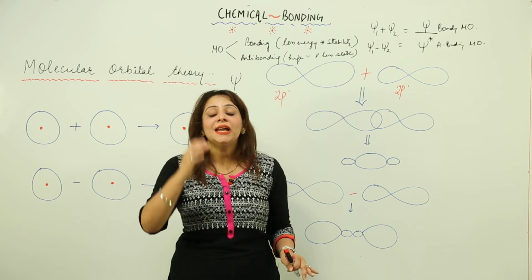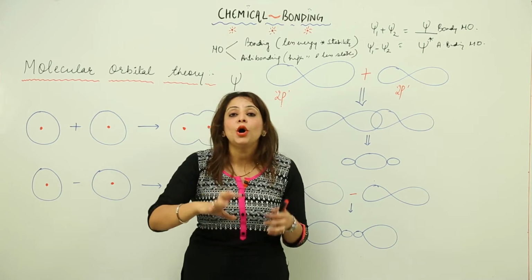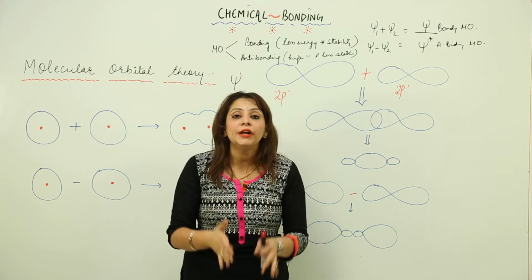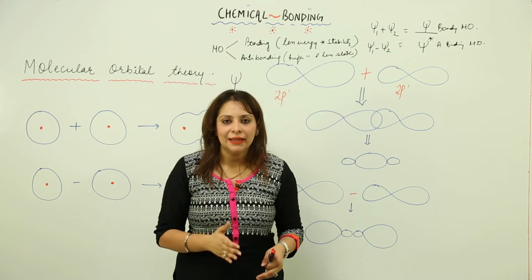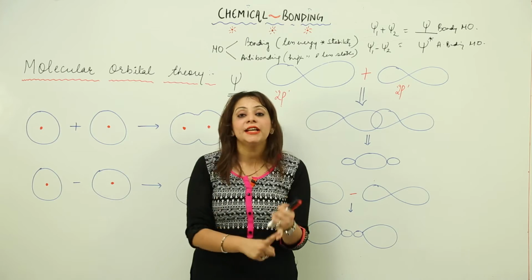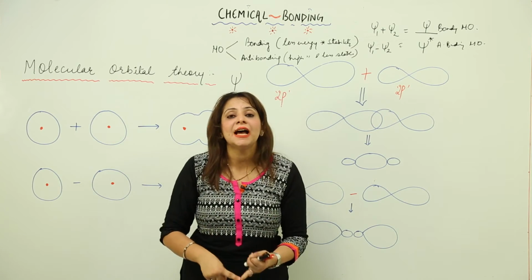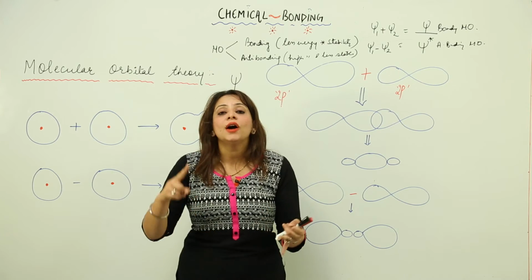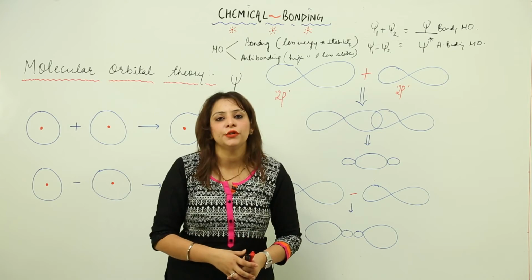The only difference is that here we need to form a molecular orbital, and there we were talking of atomic orbitals. Otherwise, the overlapping is the same, the energy factor is the same, and even the psi is the same. The only difference lies in whether we are subtracting the psi or adding the psi, so that we can get a constructive or a destructive interference.